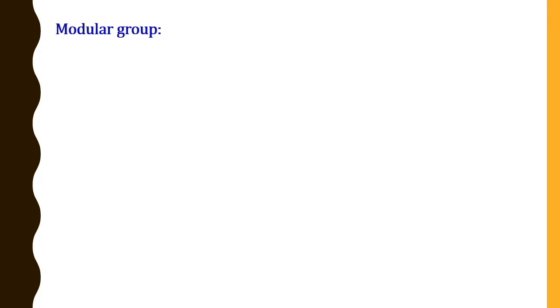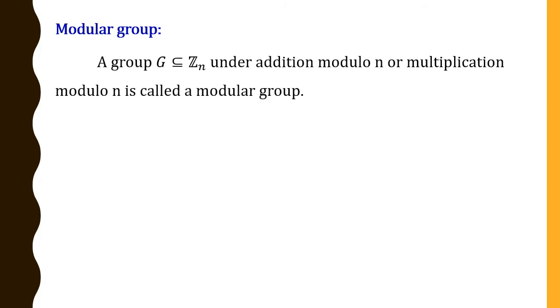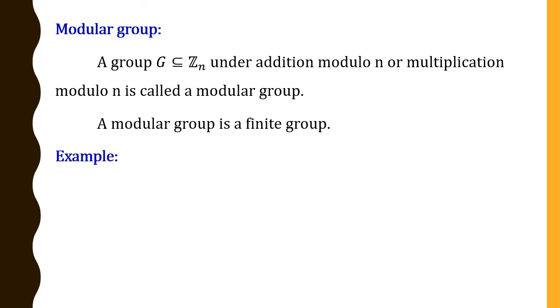Now we shall define what is a modular group. A group G which is a subset of Zn under the binary operation addition modulo n or multiplication modulo n is called a modular group. A modular group is always a finite group. For example, Z4 under addition modulo 4 is a group.